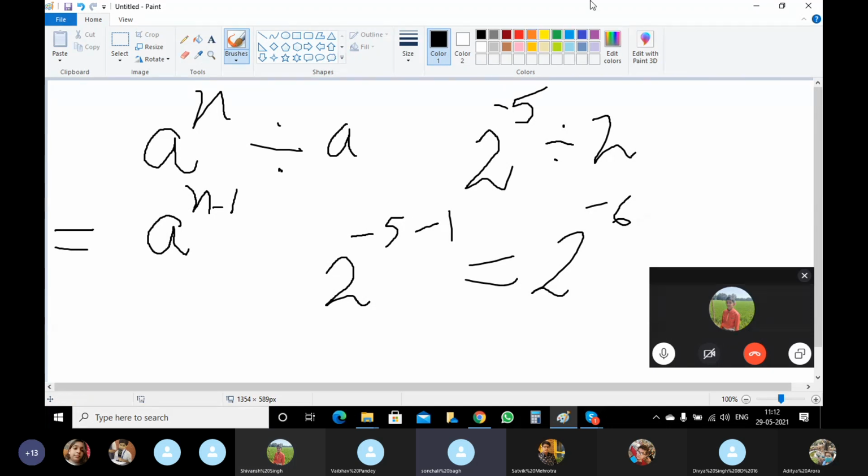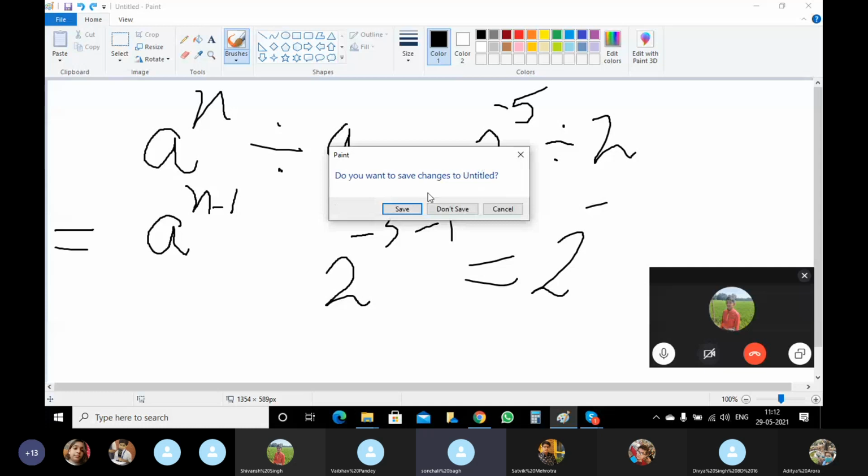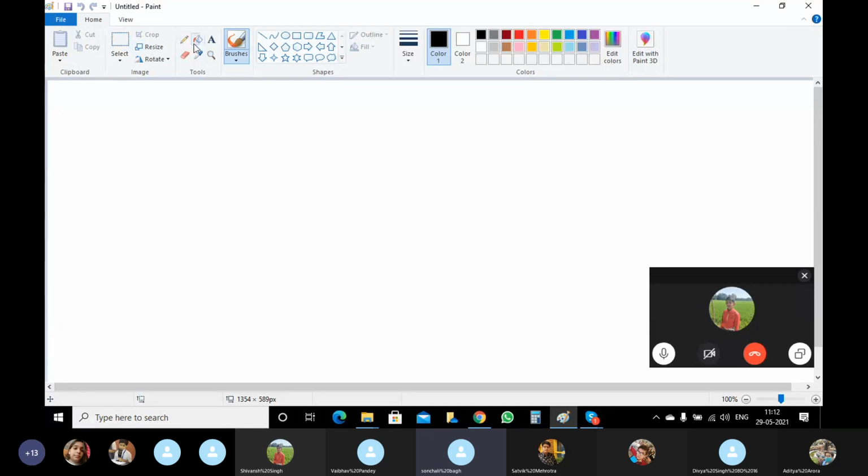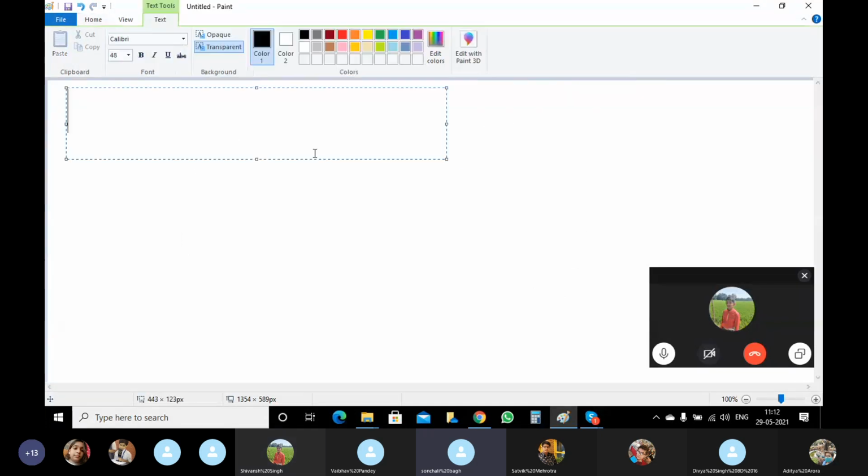Clear? Now, one more concept you should know before understanding the laws is the concept of multiplicative inverse.